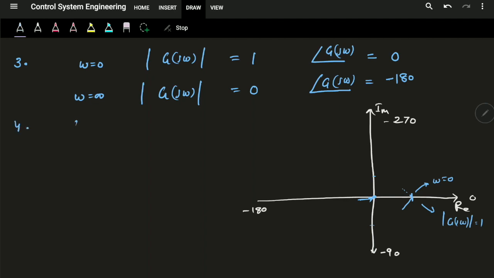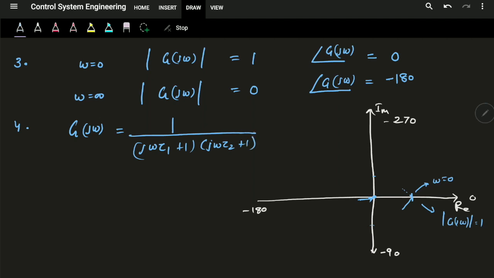In the fourth step, we have to substitute the value of G(omega). We have to represent this equation G(omega) in terms of a plus jb form. So let me first write the value of G(omega), which is equal to 1 divided by (j omega tau 1 plus 1) and (j omega tau 2 plus 1).